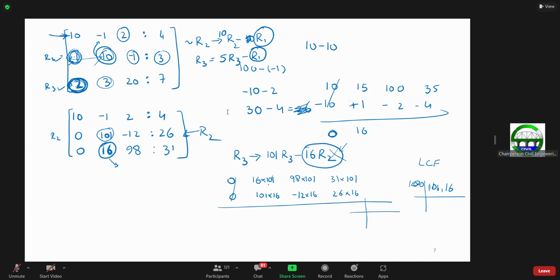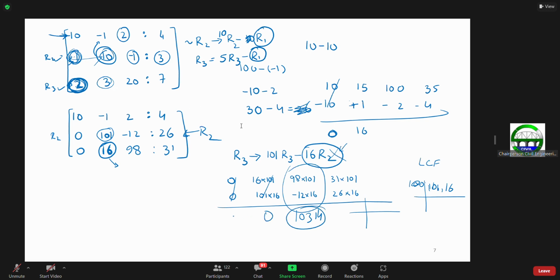This one gone, this one gone, and then the remaining one will be 98 minus, let me calculate. Can you just calculate this one? How much is this one? I will also double check. 98 into 101. This one is minus and minus plus 26 into 16. It will be 10,314.